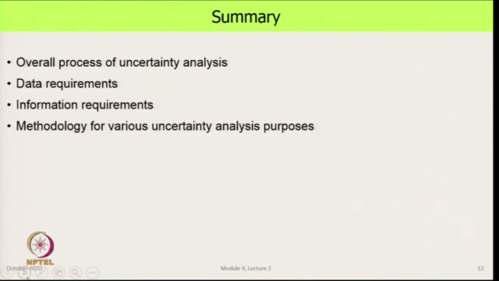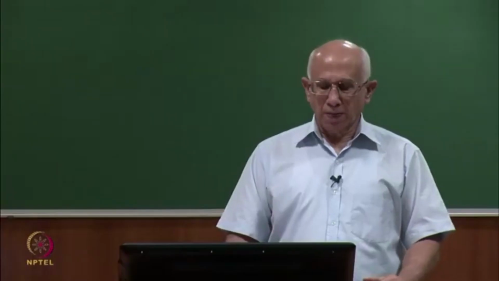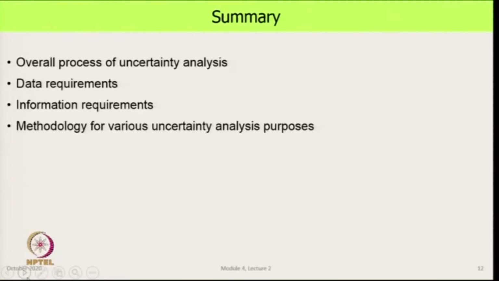So, that concludes this lecture on methodology, where we have learned the overall process of uncertainty analysis for different scenarios: pre-test, post-test, checking, goodness of test, all of that. Then we got charts, and then what is the data that we should get in an experiment? It is not just the measured data, that is one of the parts; there is much more information over and above that.